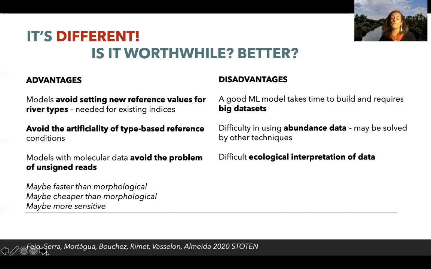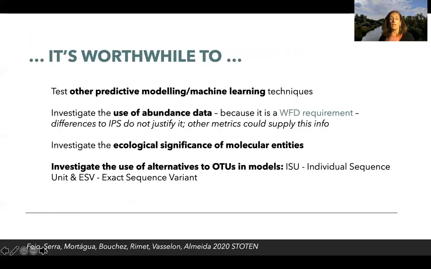Finally, it's still difficult to give an ecological meaning to our results in terms of OTUs, because we don't know the meaning of an OTU in terms of response to this or that environmental characteristic, which is something that we usually discuss along with the classification. But this is something that could be investigated.